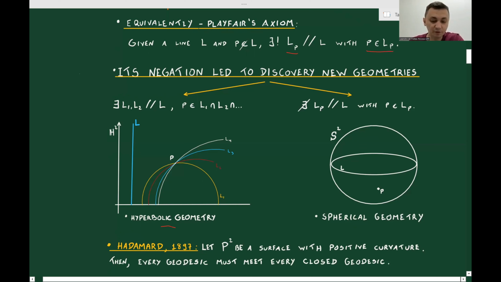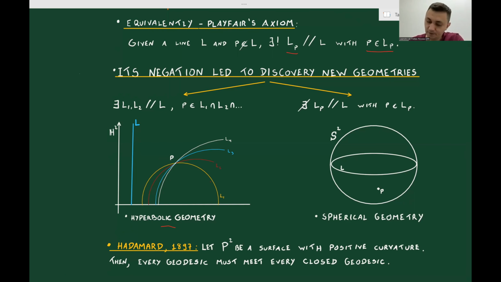In the hyperbolic geometry, we have a lot of geodesics, which are the lines in hyperbolic geometry, passing through a point P outside one line L, and these lines L1, L2, L3, L4 are equidistant from this line L.